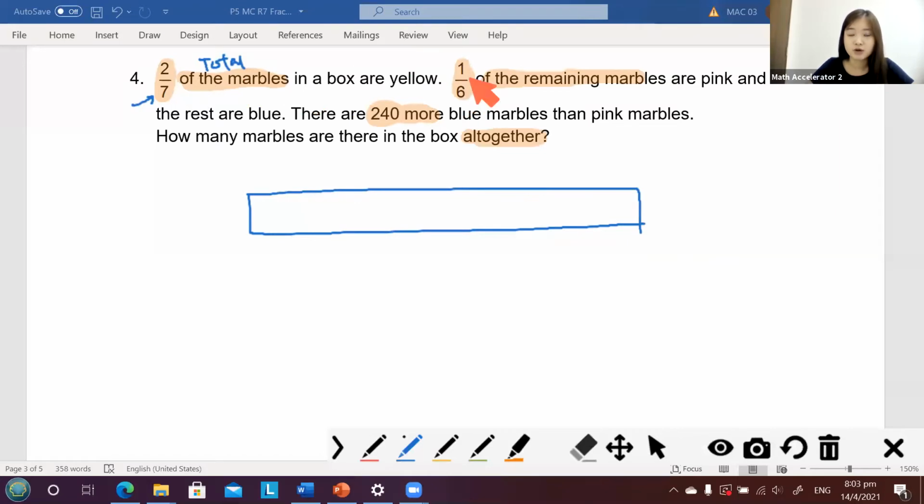Don't look at the wrong fraction. This 1/6 is for the remaining. So let's cut it into 7. Two out of the 7 is for yellow. So let's label 2 out of the 7 as yellow, and draw the dotted line so we know that everything after the dotted line will be the remainder.